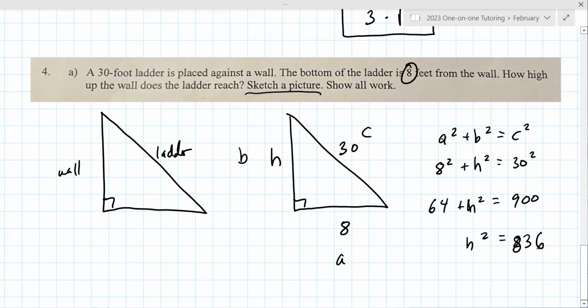Okay, can you take the square root of that for us, please? The square root of that, yes.